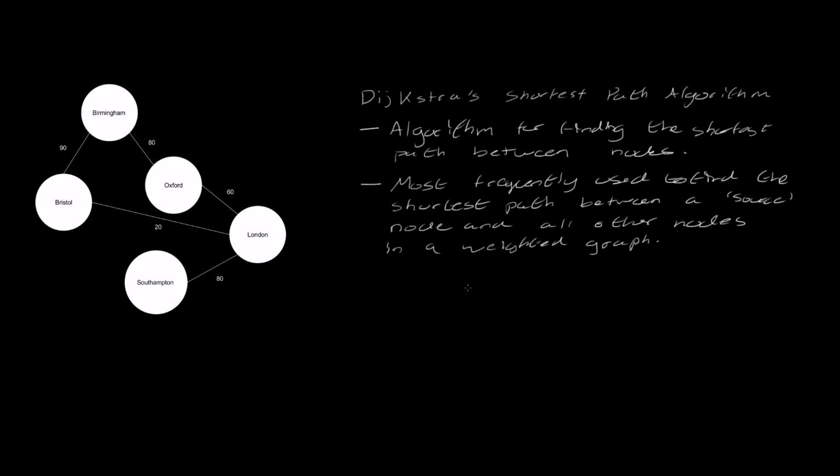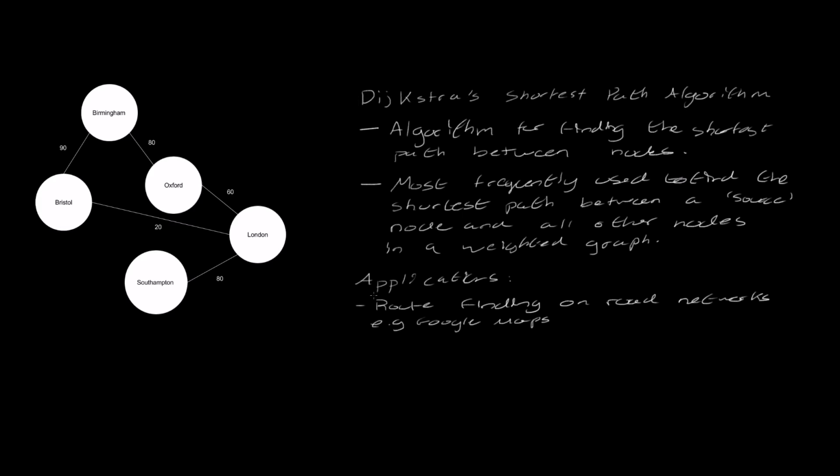And some applications of Dijkstra's algorithm then. One application is that we can use it to find routes on road networks. So this graph that I've got over here is a very abstract version of roads in the United Kingdom. Another application is using it in packet switching, so finding the shortest path between two routers for a packet in a computer network.